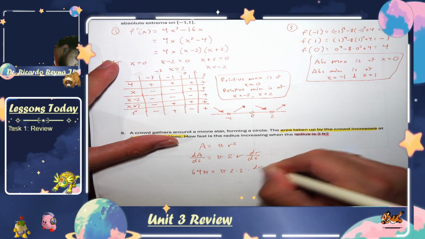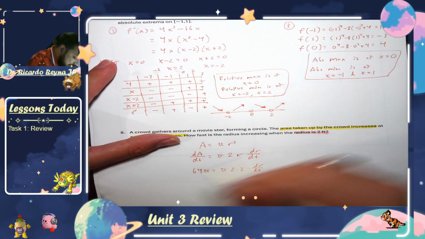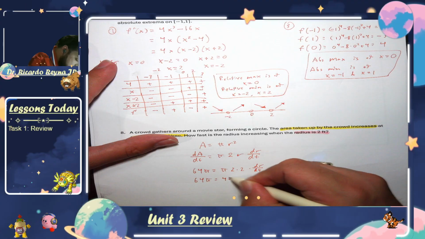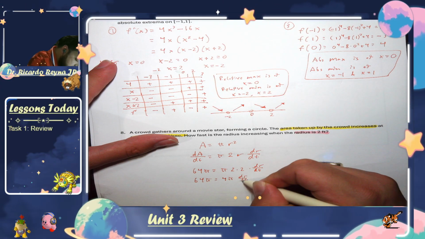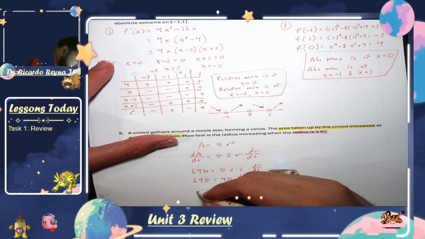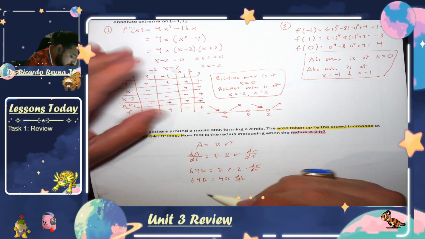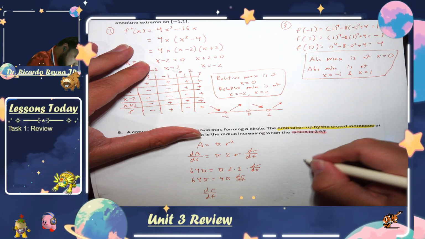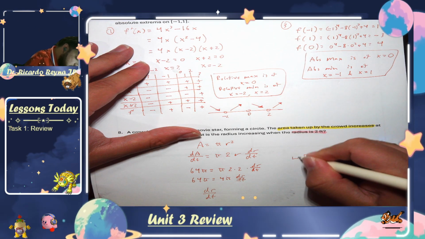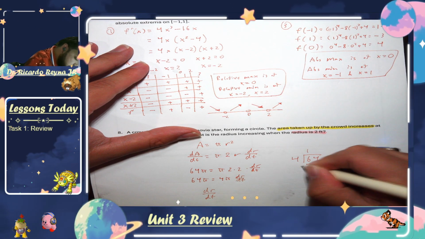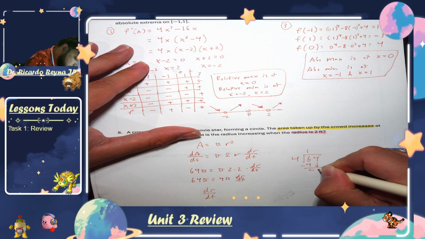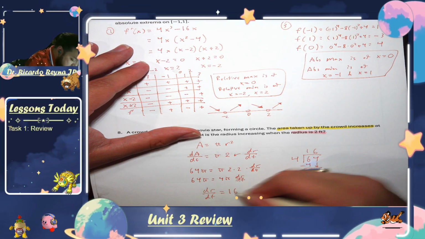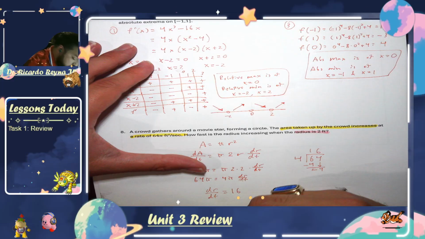So this is kind of straightforward. 64 pi equals 4 pi dr dt. We can just divide by 4 pi. dr over dt is 64 divided by 4, which is 16. So it's going to be 16 feet per second.